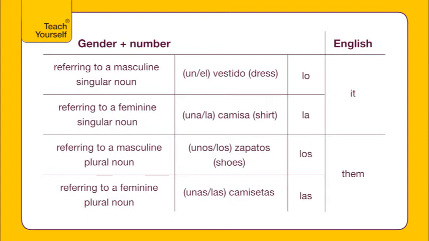If you are referring to a feminine singular noun like camisa, shirt, we'll use la. If you are referring to a masculine plural noun like zapatos, shoes, we'll use los. And finally, if you are referring to a feminine plural noun like camisetas, t-shirts, we'll use las.